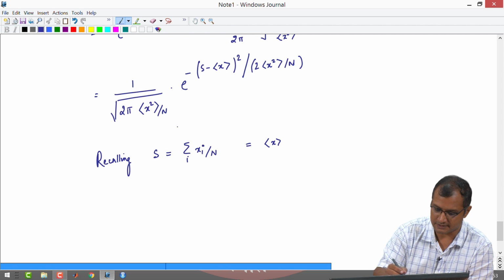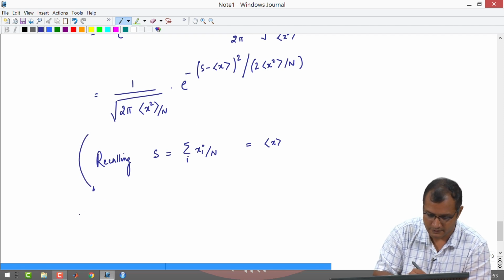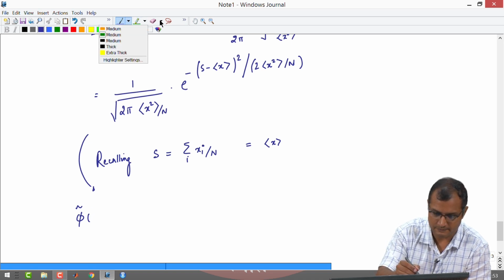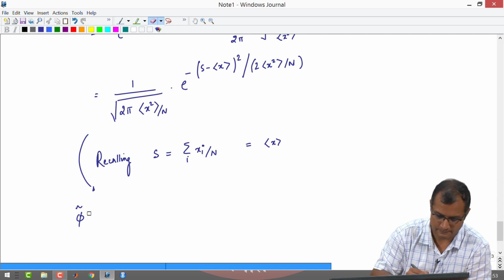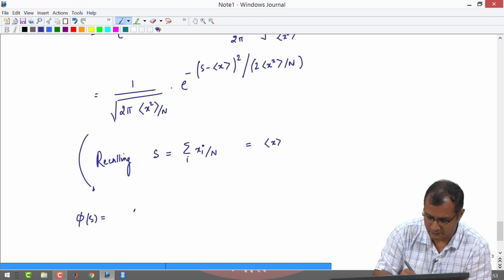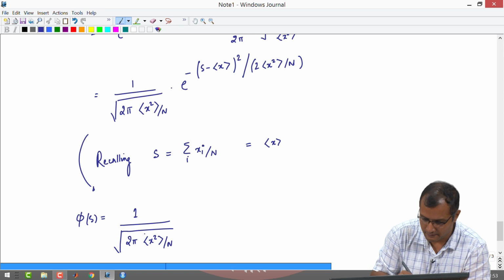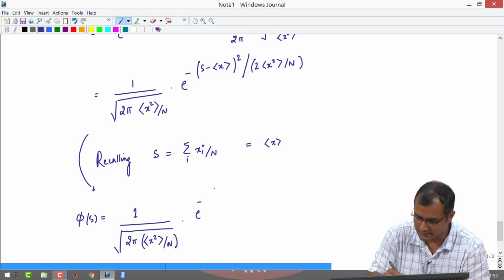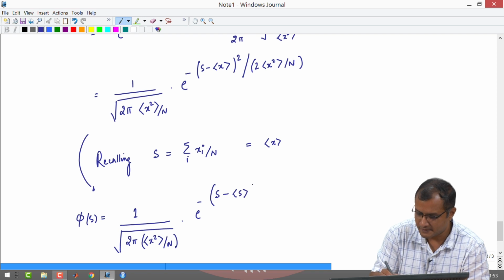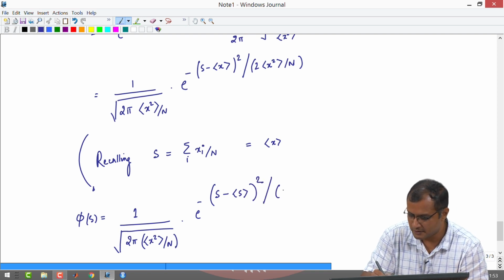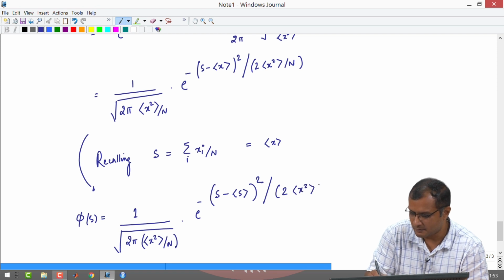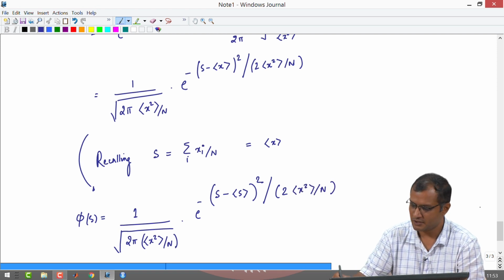So I can rewrite this as phi of s as 1 upon square root of 2 pi x square mod divided by n into e raised to minus s minus mod s the whole square divided by 2 times x square mod by n. Okay.